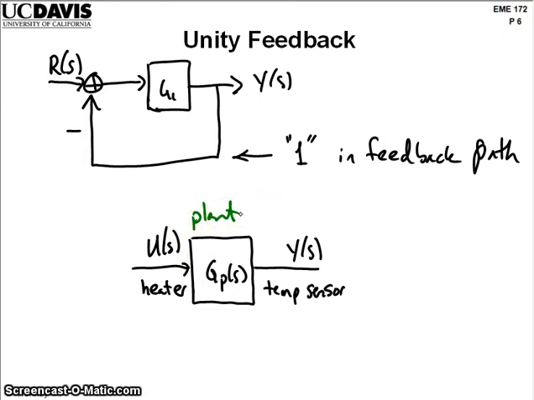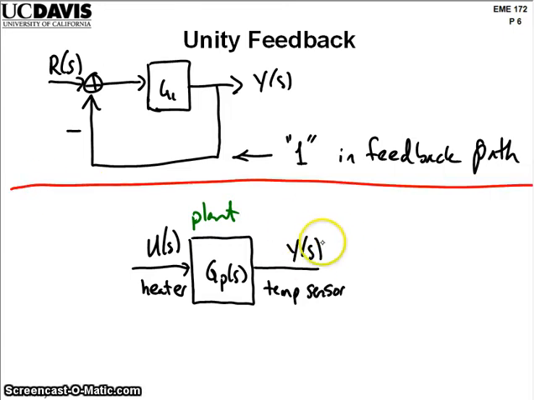Okay, and so the idea in this temperature regulation system or thermostat system is we want to make the temperature go to a desired set point. So we're going to use the heater to do that. We'll turn on the heater to make the temperature go up, and we use the temperature sensor to measure the temperature. But what we want to do is make Y go to a desired set point.